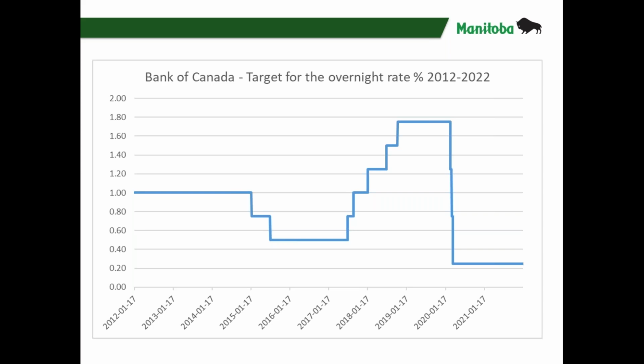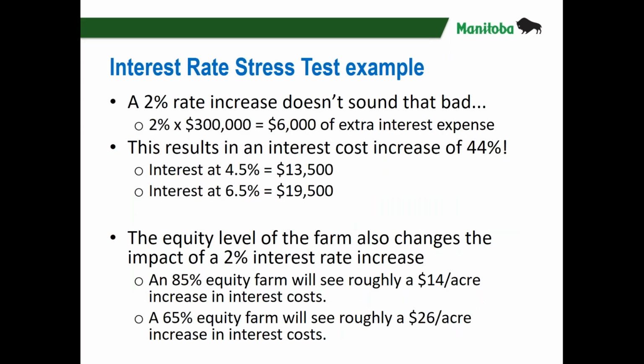It's not such a big deal, but I think we have to take a step back and realize how insidious interest rate increases can be in terms of our bottom line. A 2% increase doesn't sound like a whole lot, but it actually is an increase of 44% in this example.